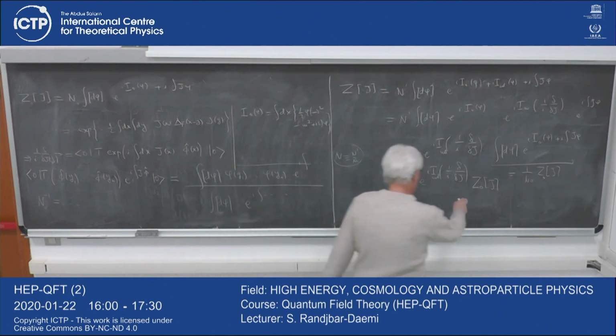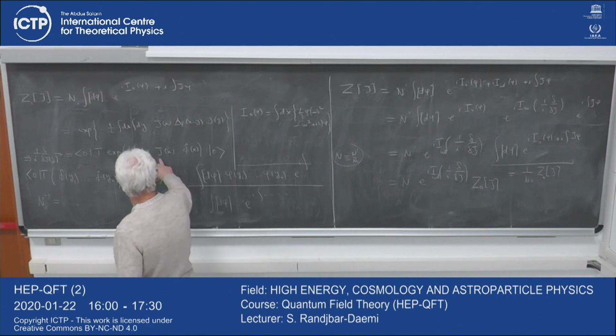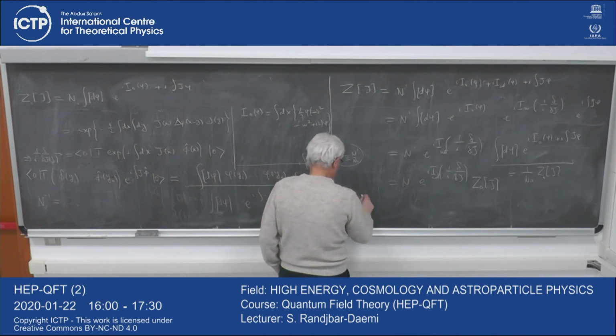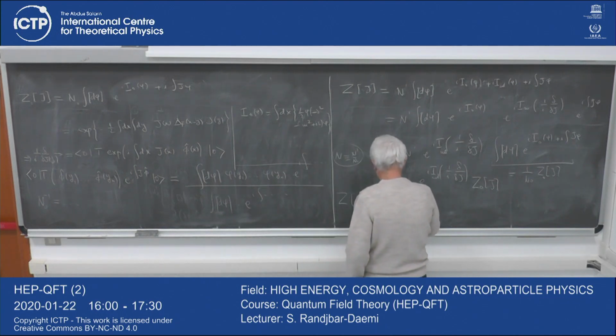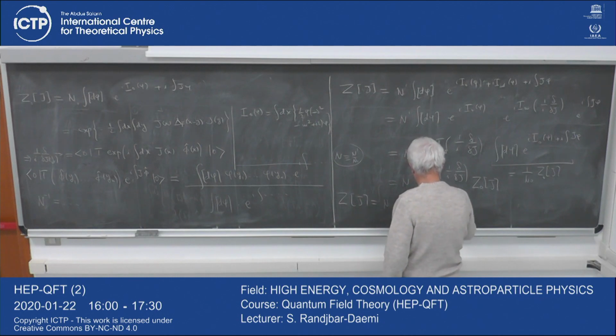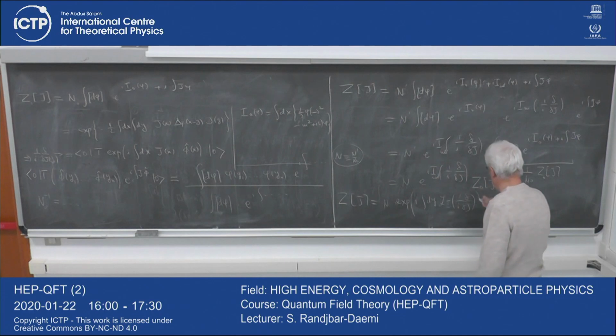And we know what kind of functional that is. That's this. We have it here. Therefore, the result is that Z of J equals N exponential of i, let me call this S_I, in which phi has been substituted by 1 over i d by dJ, acting on a Gaussian.